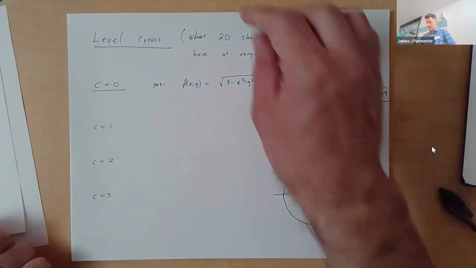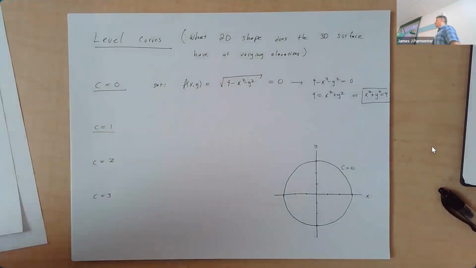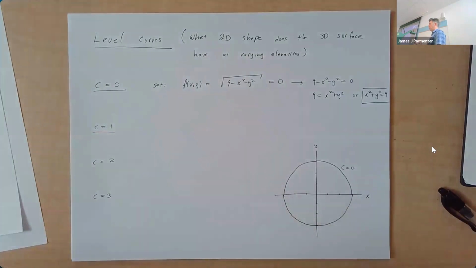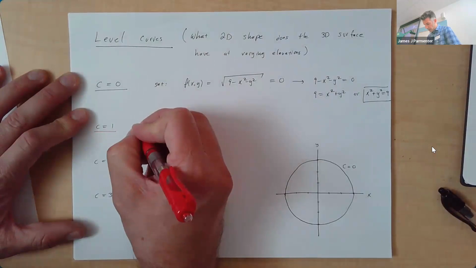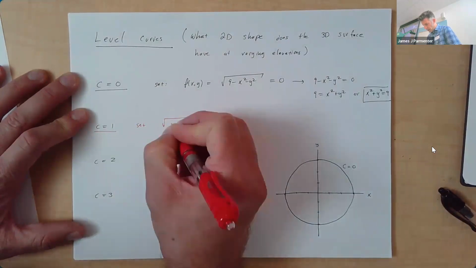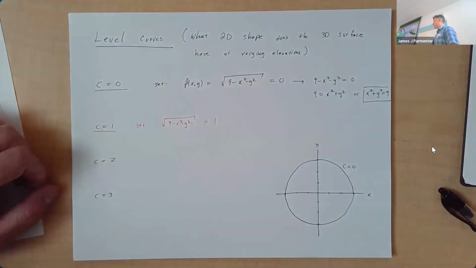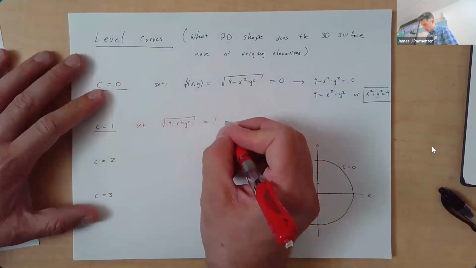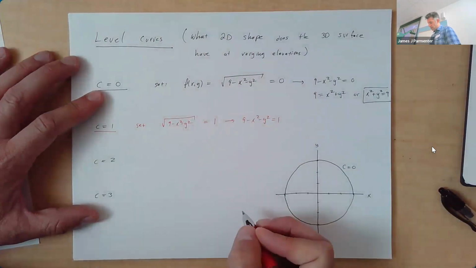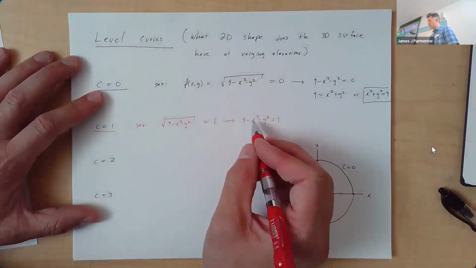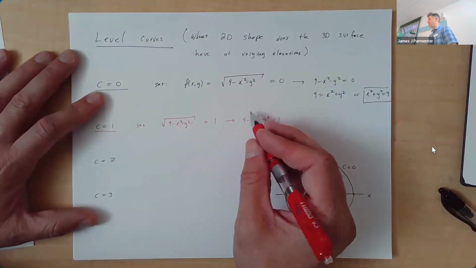So now let's look at c equals 1. Now, this is where things get a little bit tedious, and I really should jump ahead, but I'll do it one more time and then talk about an easier way to do it. We set the square root of 9 minus x squared minus y squared equal to 1 instead of 0. We square both sides, get 9 minus x squared minus y squared equal to 1. 9 minus 1 is 8, x squared plus y squared on the other side.